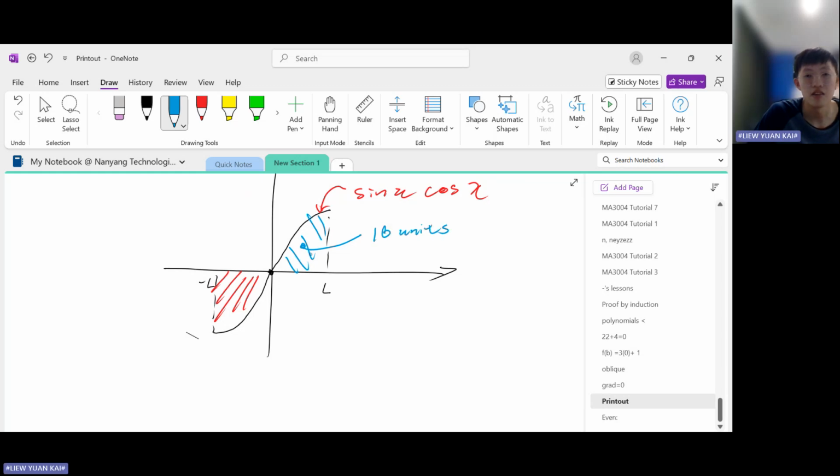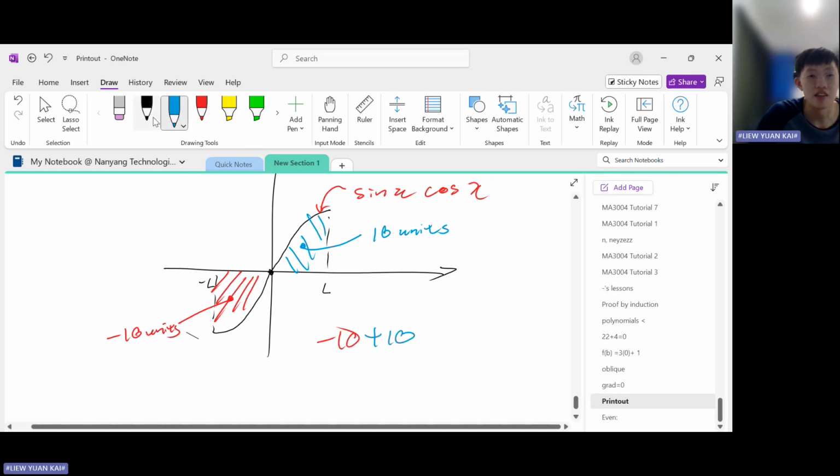That's the area of the positive part. But what about this part? If that one's 10, and this is rotationally symmetrical, then this will be negative 10 units. Integration means you sum up the area. So if you take negative 10 plus 10, then altogether, the net area is 0.